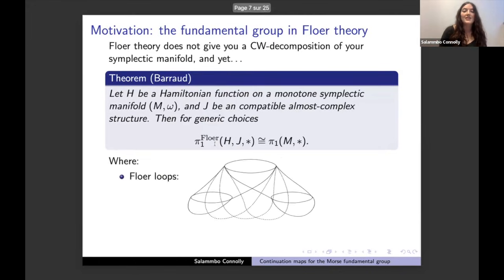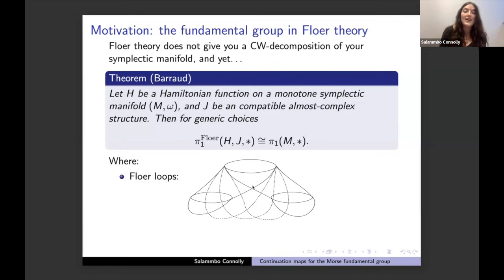Instead of looking at unstable manifolds of index 1 critical points, you look at dimension 1 moduli spaces of holomorphic curves with one puncture. These break like this into broken curves where the top is a cylinder, and you can use that to concatenate them together and form Floer loops. It turns out that the set of such Floer loops is surjective onto the fundamental group of your manifold.